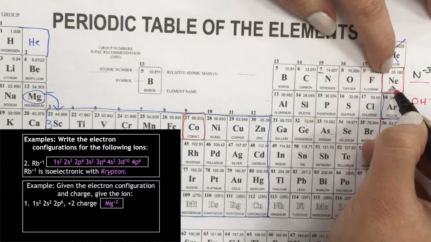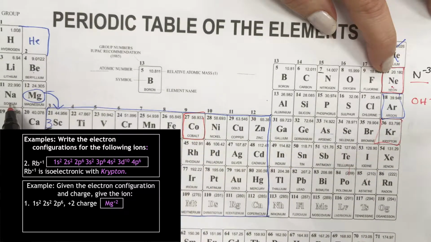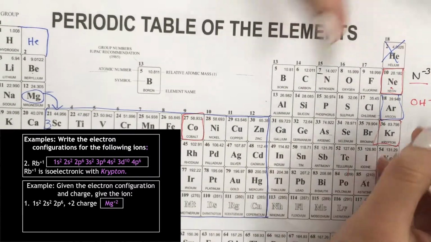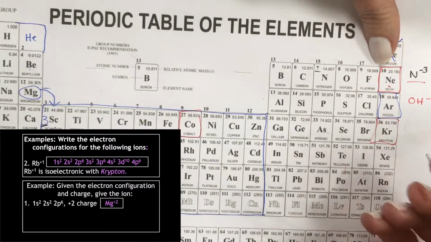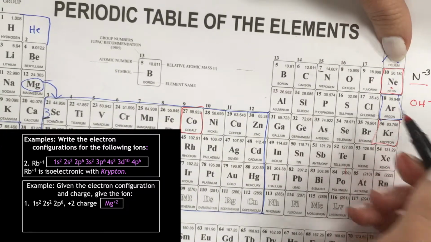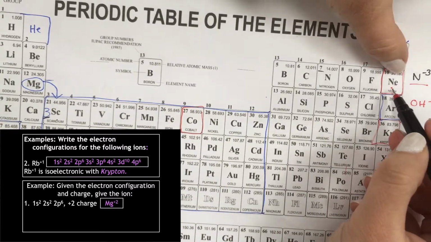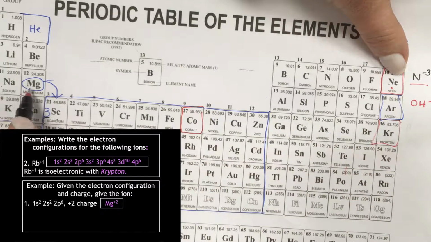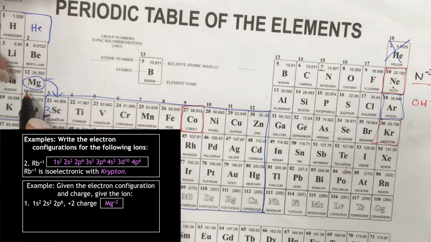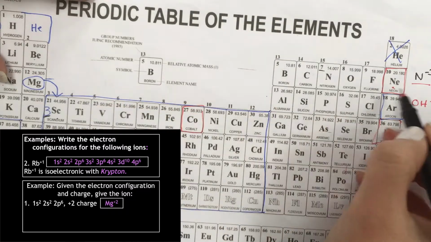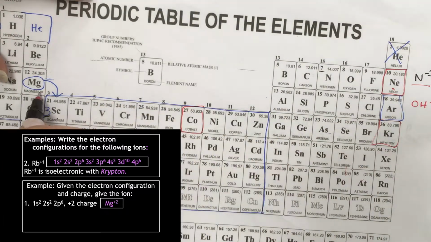So if you're losing electrons, you're going backwards to sodium 1 and magnesium 2, okay? That's how I do it on the periodic table. I just look at whatever it's isoelectronic with, which is neon, and you just go back and add 2 electrons, because it took away 2 to be neon, and it goes back down to the 3rd energy level.